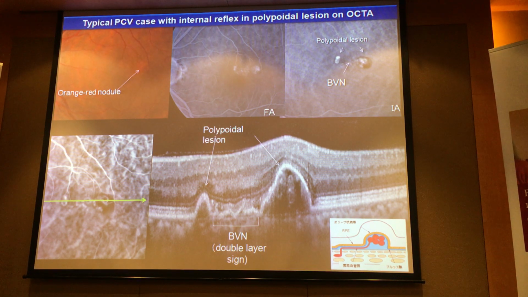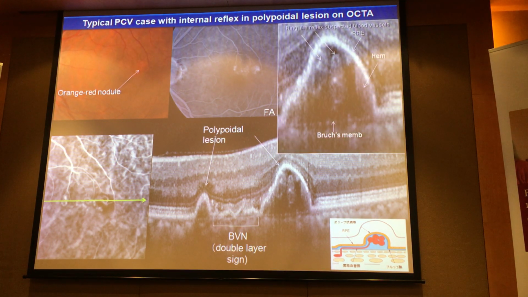This is also a typical case with internal reflex in the polypoidal region on OCT. This is a very small PCV case, and if you scan the polypoidal region, showing loop-like configurations, you can see ring-like reflex, suspected blood vessels under the RPE.